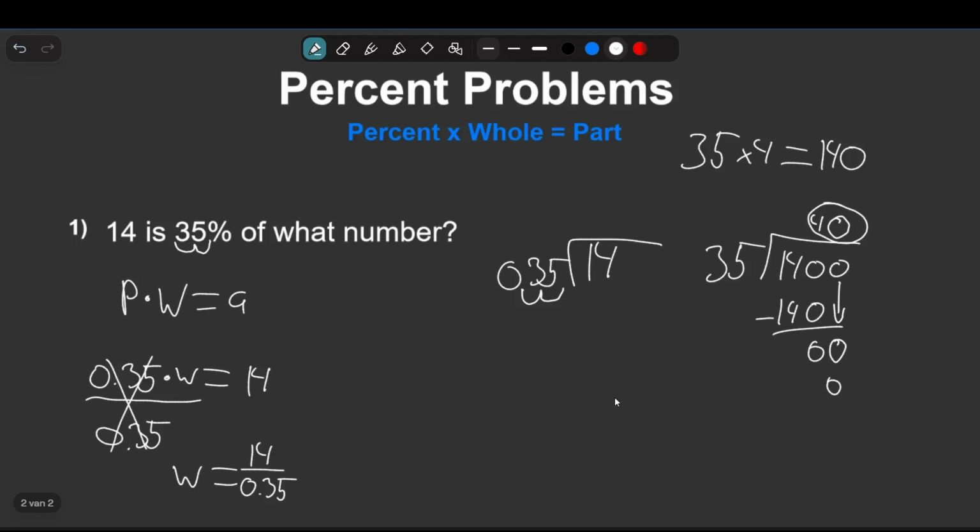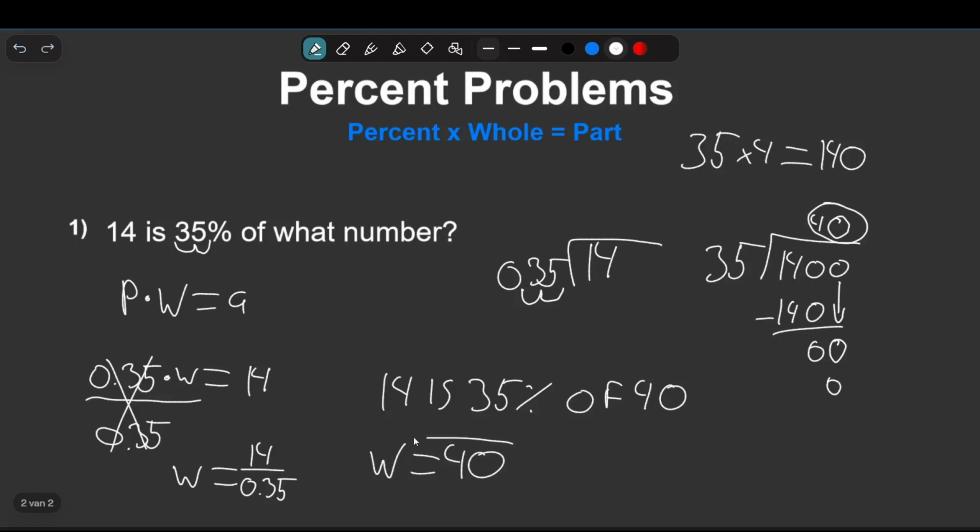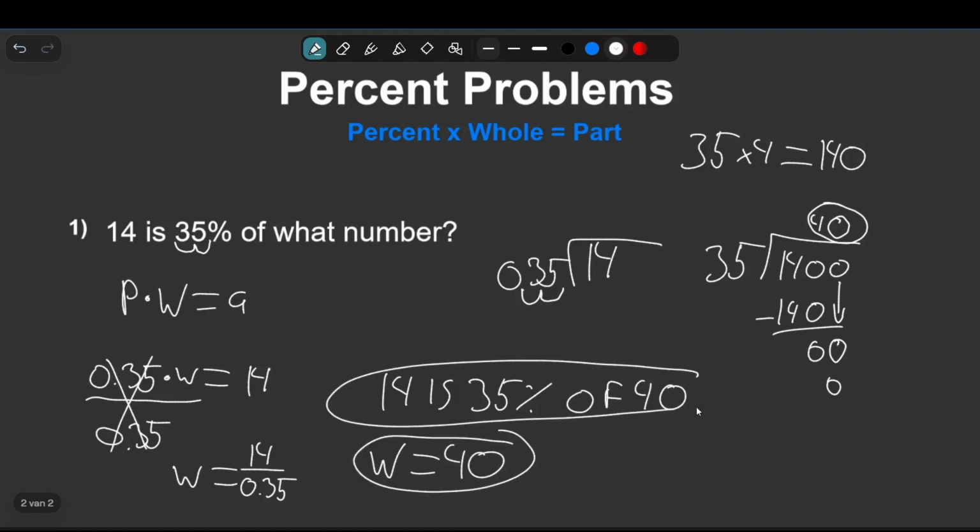So our final answer is going to be 14 is 35% of 40. So our whole, or our W, the variable of the equation we made, is going to be 40. So this will be our final answer.